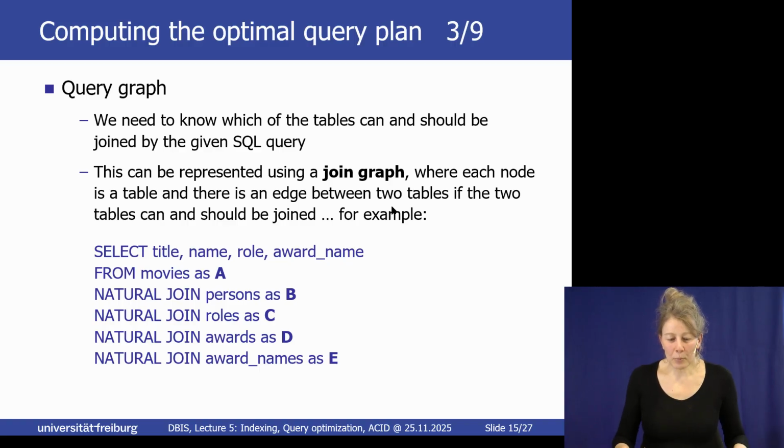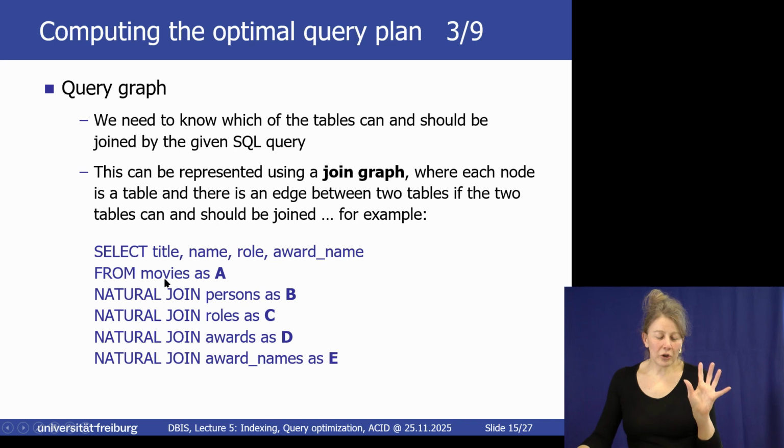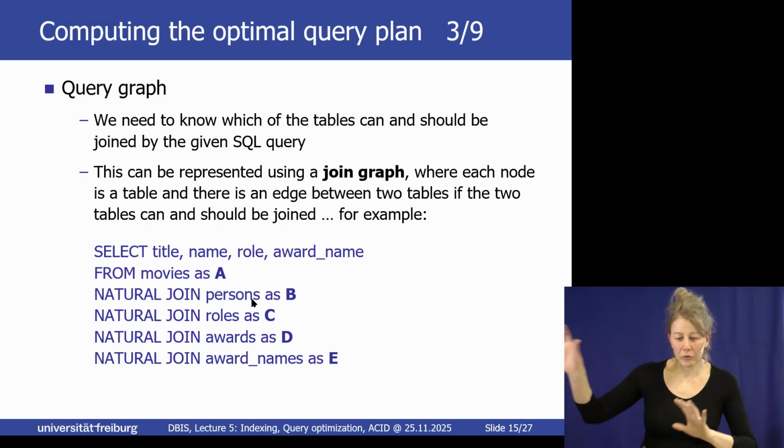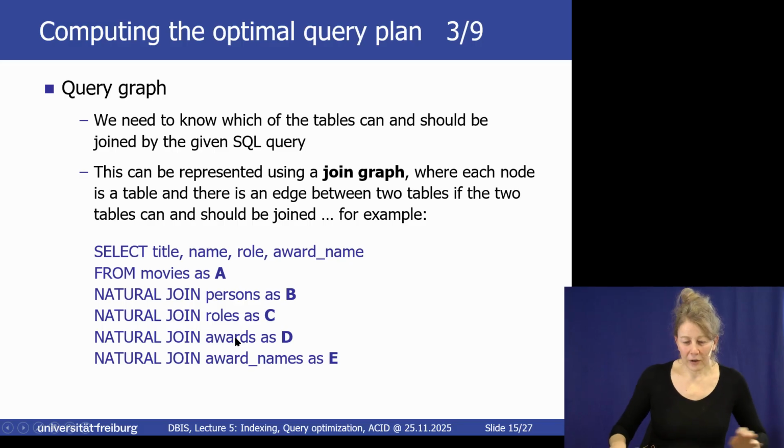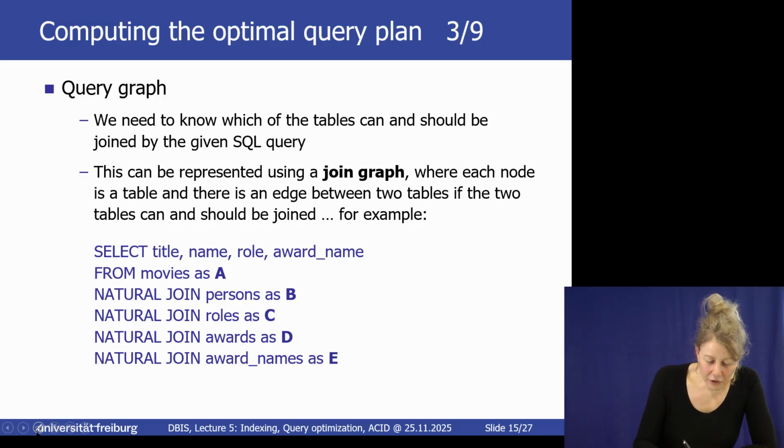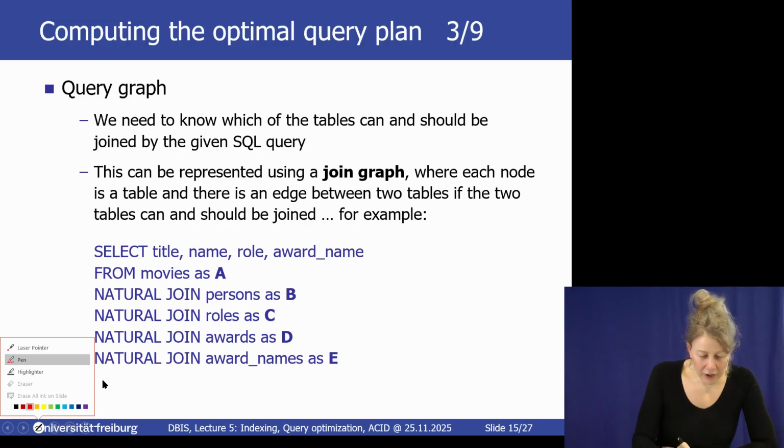And now movies contains movie ID, persons joins persons to roles and awards, but not to movies, awards. Let's just do the adjacency list first here maybe. So, and where do I write that? Maybe I write that here.